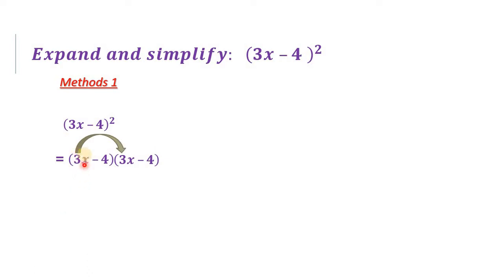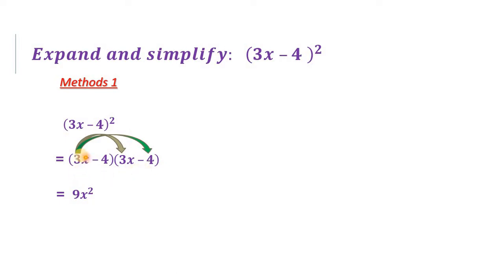So what we do, we multiply the first term in the first bracket, or pair of brackets, by the first term in the second pair of brackets. And that gives us 9x squared. Then we take the same first term in the first pair of brackets and multiply it by the second term in the second pair of brackets.